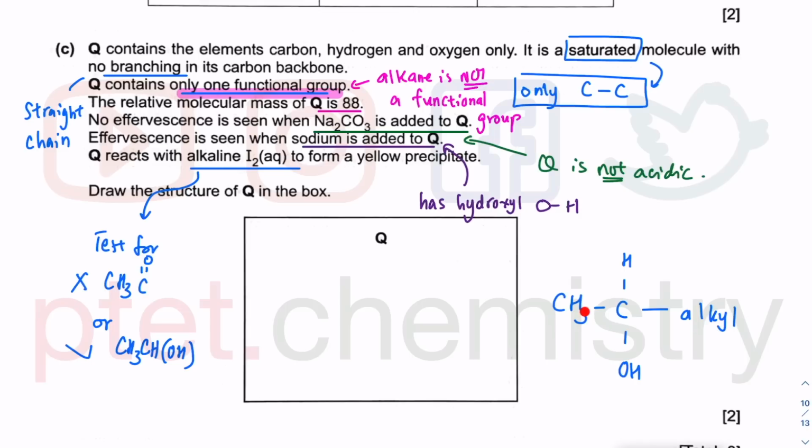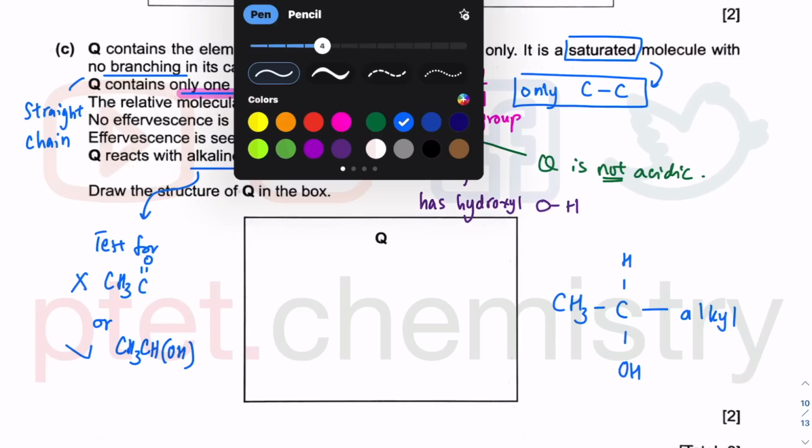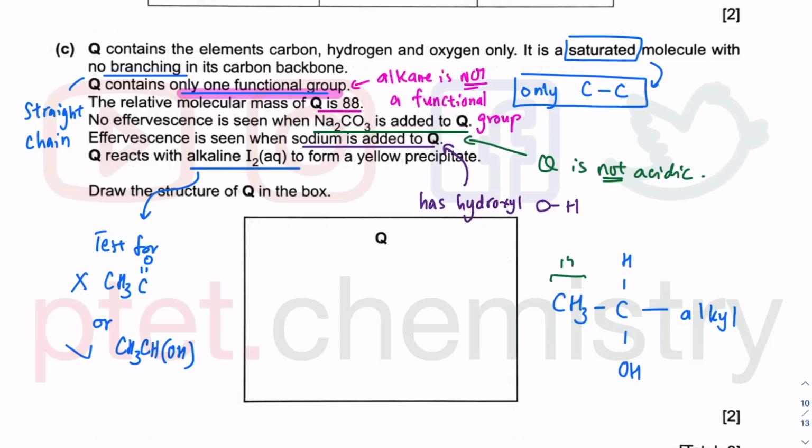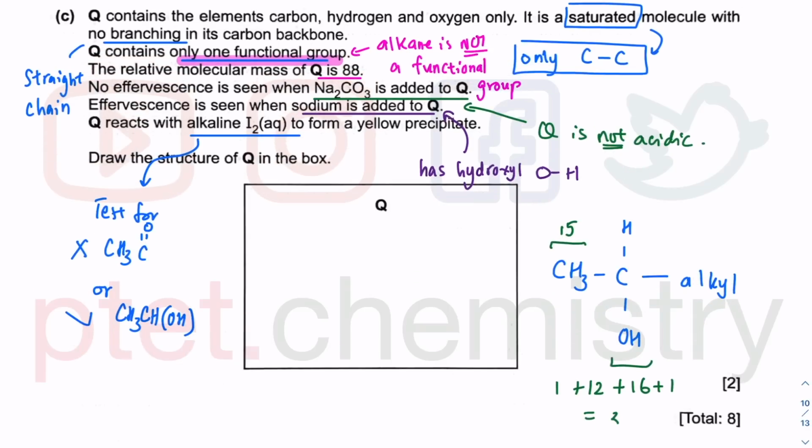If I just total up the number of molecular masses here, so that is 15, and I have 12 plus 1 for the hydrogen, plus 16 plus 1, so 12 plus 1, 13 plus 16 plus 1, I get 30. So if I got 15 and 30, so that is 45, and that means the leftover must be 88 minus 45, which is the 15 plus 30.